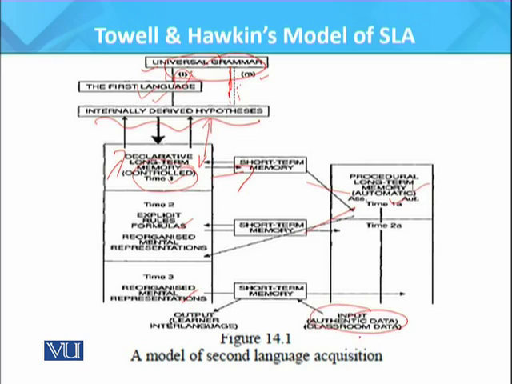Input comes from the authentic data and also the classroom data, and that's the output, which is based on the learner's interlanguage. So all these, as you can see, are connected to form the Towle and Hawkins model of SLA, where the key elements that are operational are declarative memory and procedural memory.